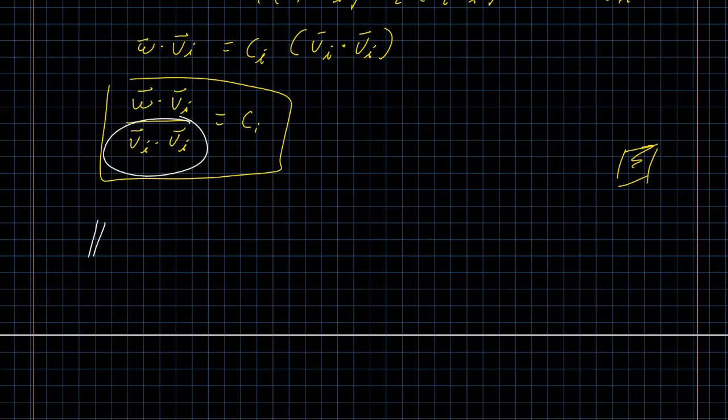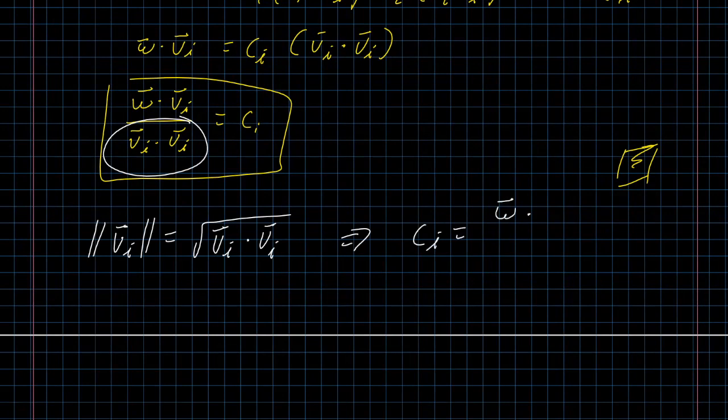The norm or magnitude of vector Vi is the square root of Vi dot Vi. So I could rewrite this as Ci is equal to w dot Vi all over the norm of Vi squared.